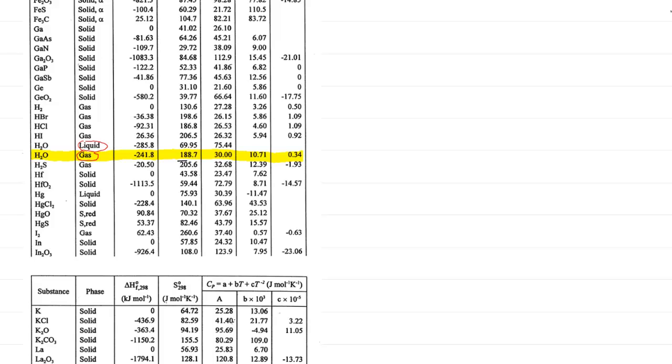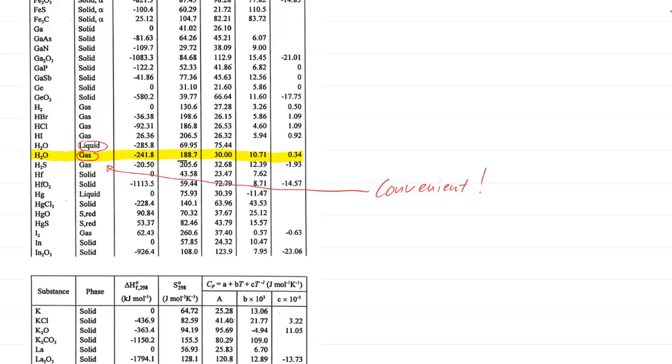The reason we choose this is simply because it's convenient for the calculations, because it saves us from having to do the whole phase change thing in the calculation.